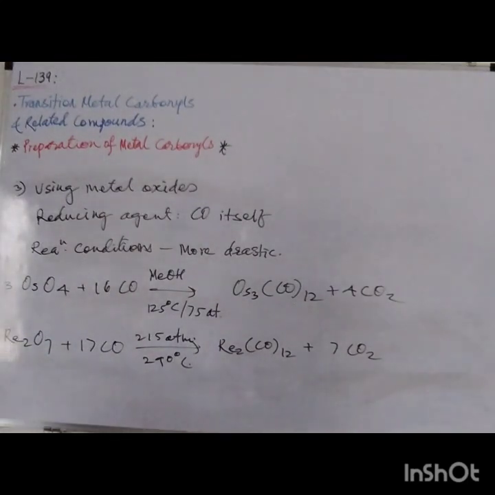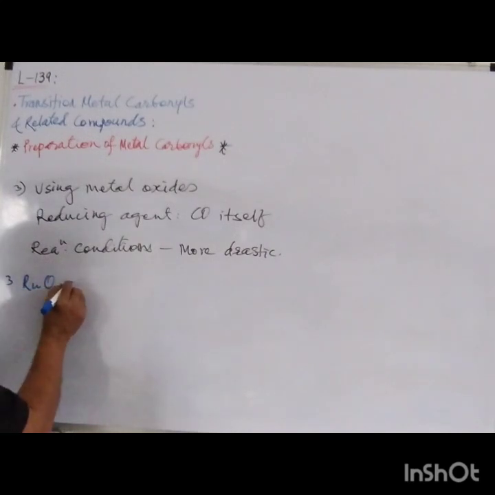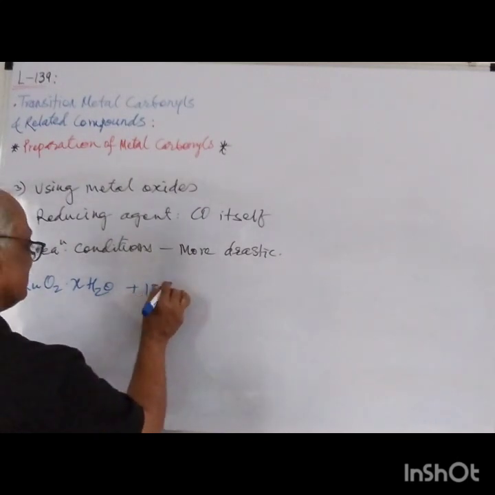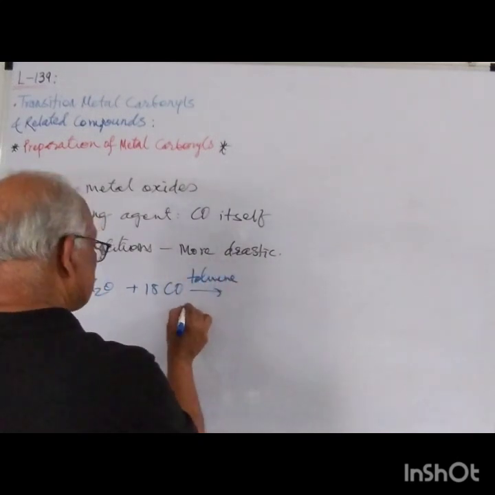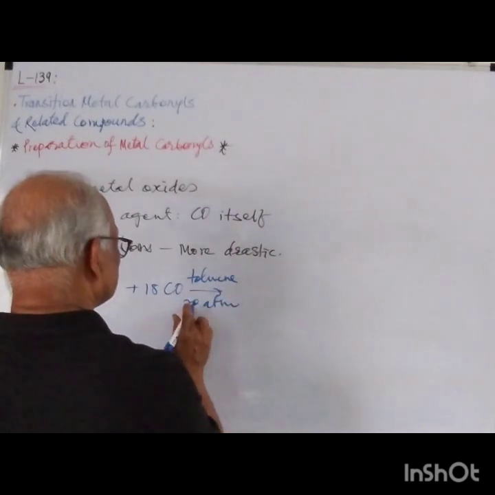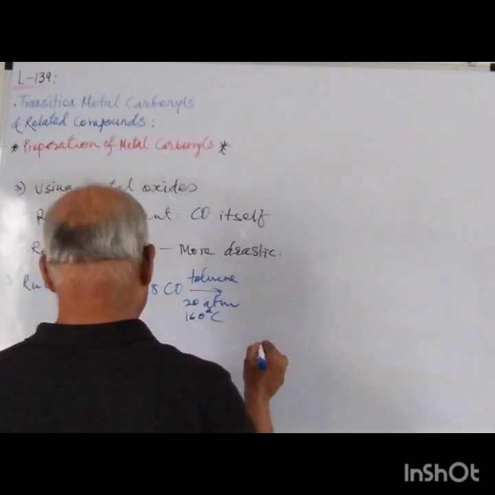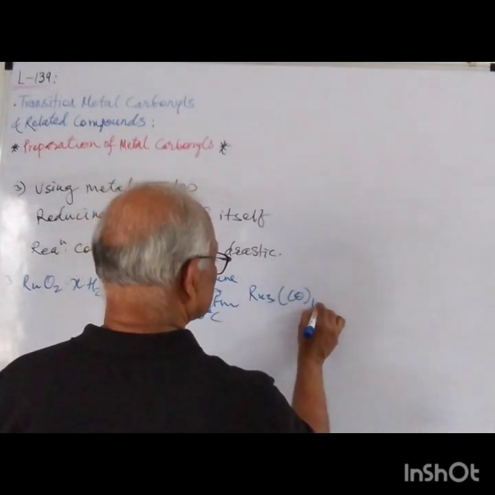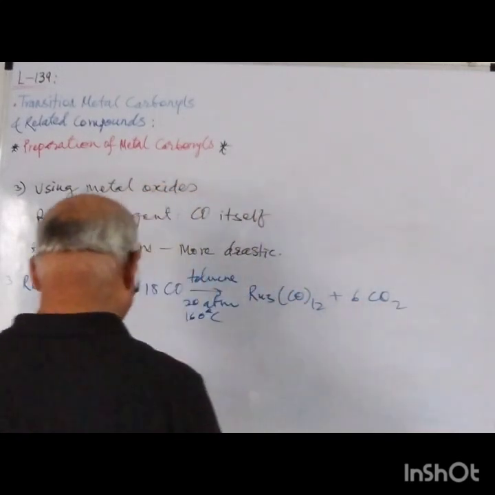We will see another: thrice RuO2 xH2O plus 18 carbon monoxide in toluene at 20 atmosphere pressure and 160 degrees centigrade gives Ru3CO12 plus 6 CO2.